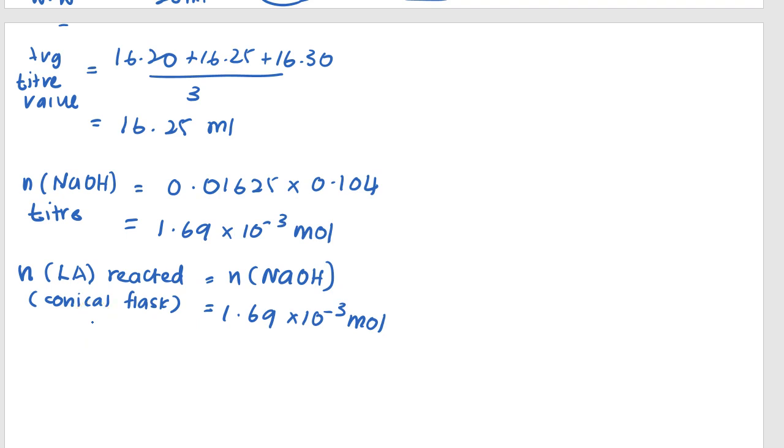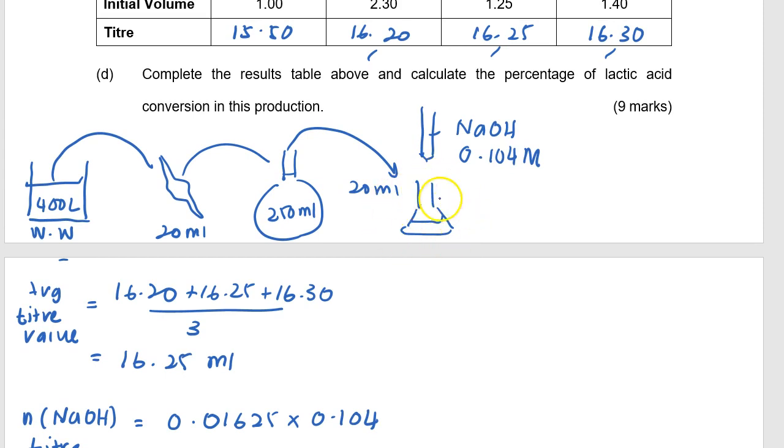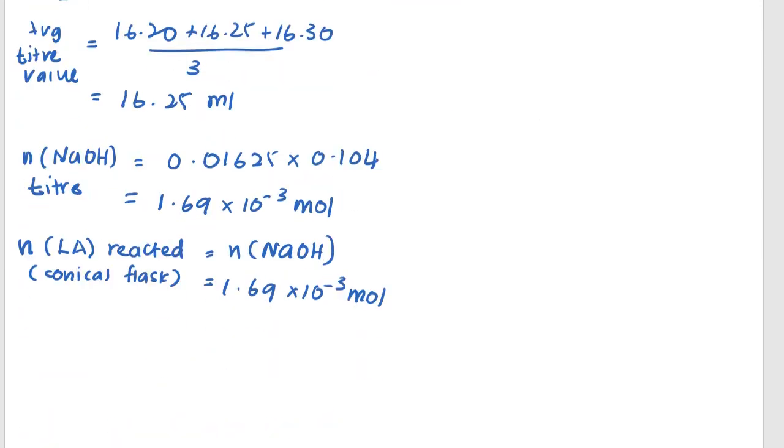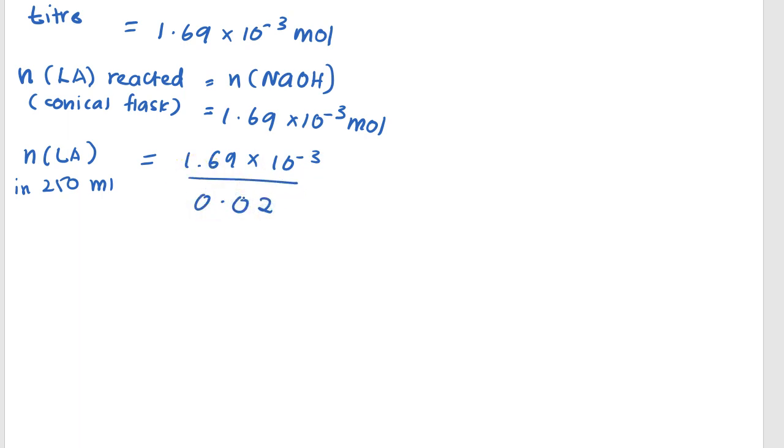Next, you have to go backwards. You have identified the number of moles of lactic acid in the conical flask. Now you have to go backwards and find the number of moles of lactic acid in your volumetric flask. So the number of moles of lactic acid in 250 ml is this, divided by 0.02, which is 20 ml, multiplied by 0.25.